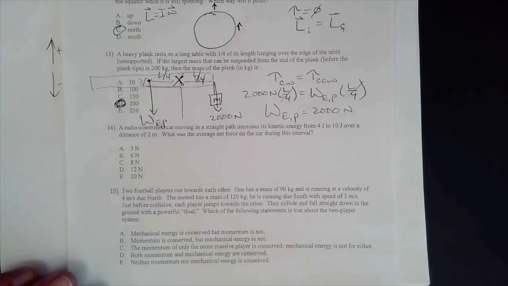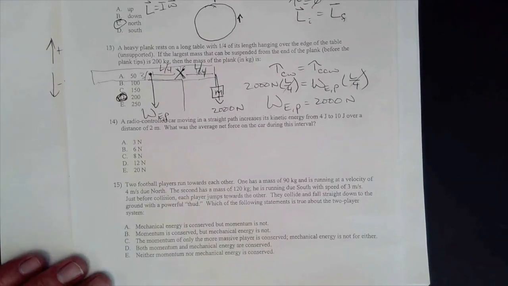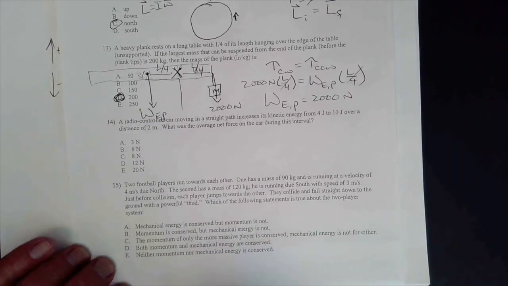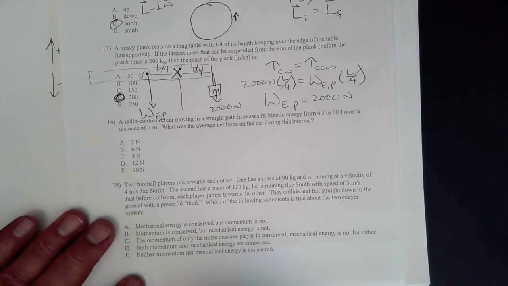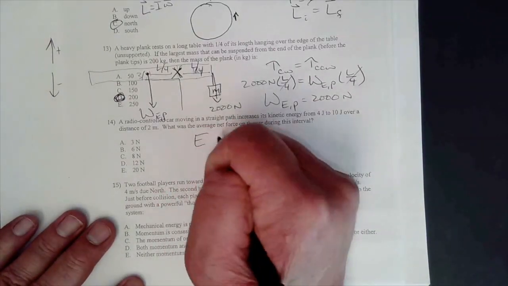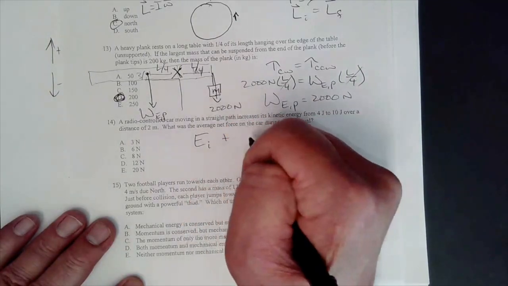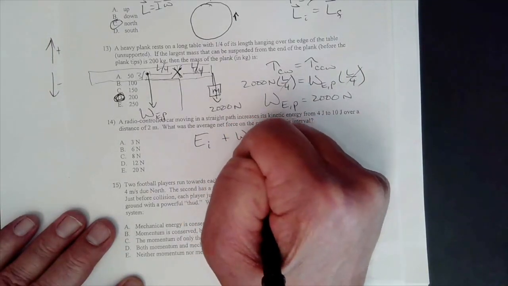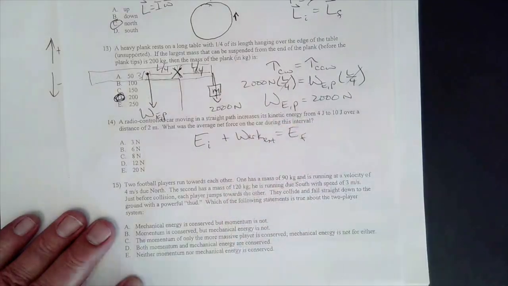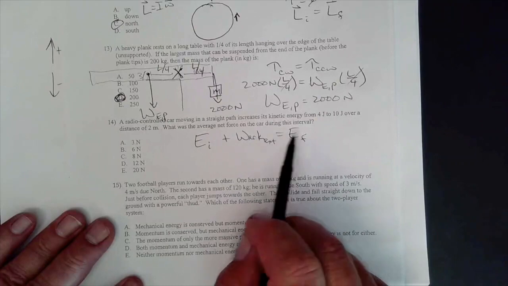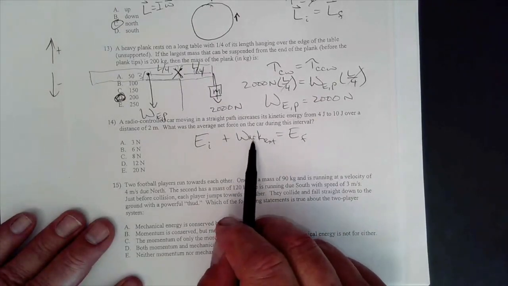Okay, a radio-controlled car moving in a straight path increases its kinetic energy from 4 to 10 joules over a distance of 2 meters. Well, this is an energy initial is equal to energy final plus external work. I should say the energy initial is equal to the energy final, except when it's not, and it's not when we're doing external work.